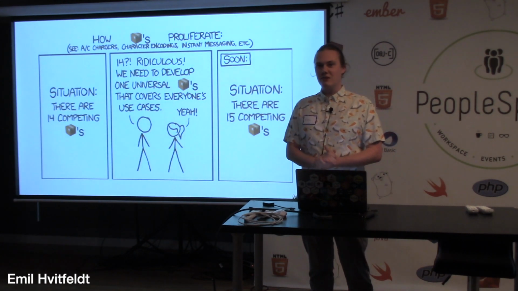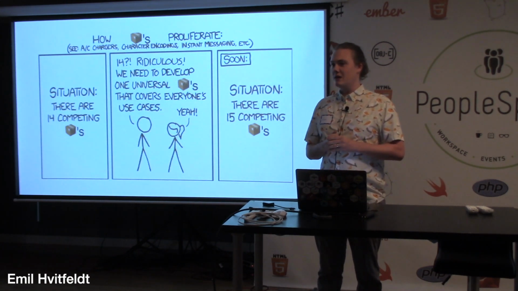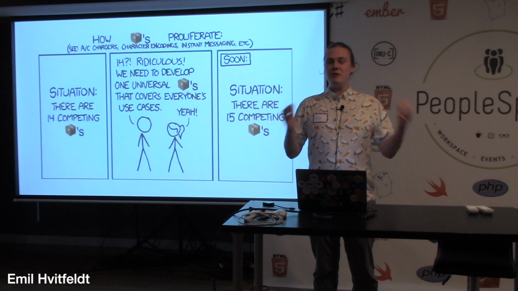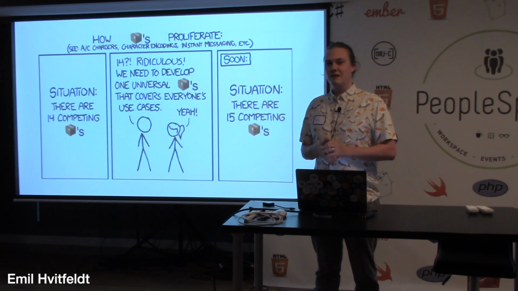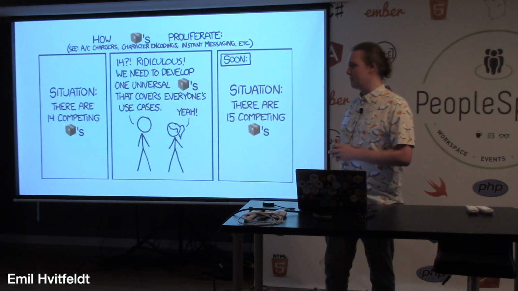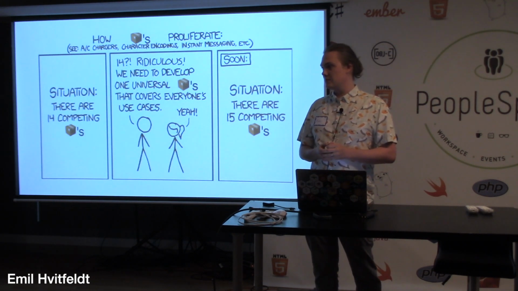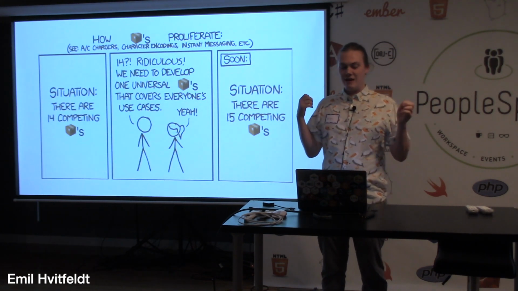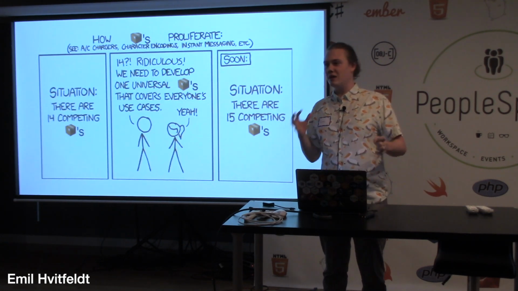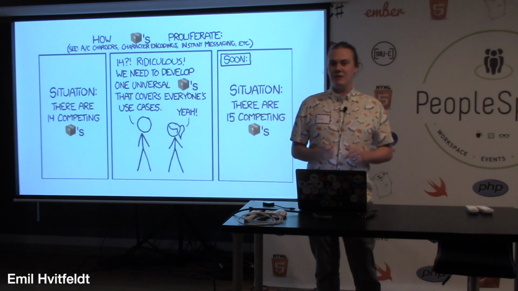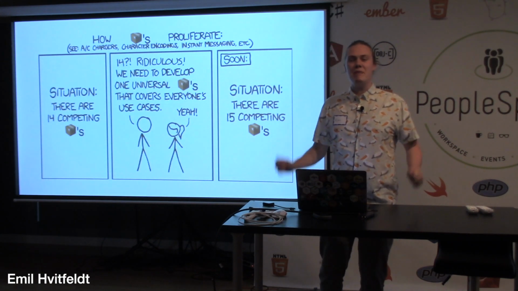There's also a case to be made for redoing something that other people have done in a slightly different way. Here's the classic XKCD example, where there are 14 different packages all trying to do the same thing, and we decide, let's make an even better version.